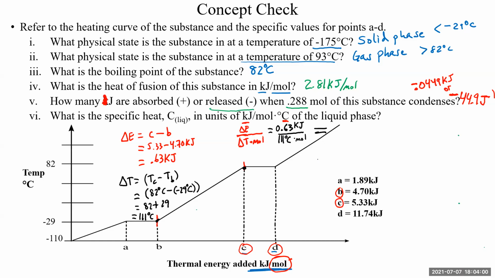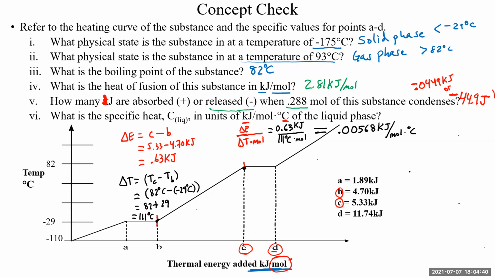So when we take this and divide 0.63 by 111, and again, I probably should have used joules instead of kilojoules, 0.63 divided by 111 gives me 0.00568 kilojoules per mole degrees Celsius. Notice this mirrors the specific heat, except instead of using grams, I'm using moles.